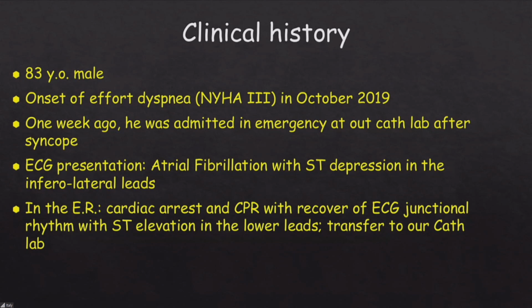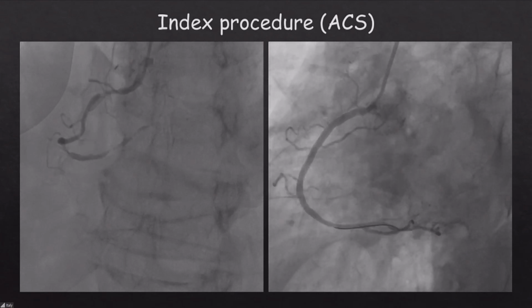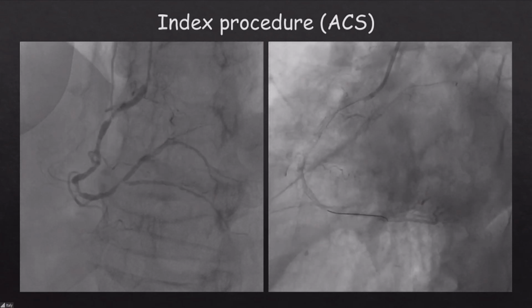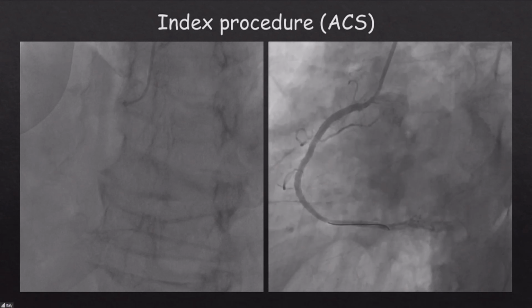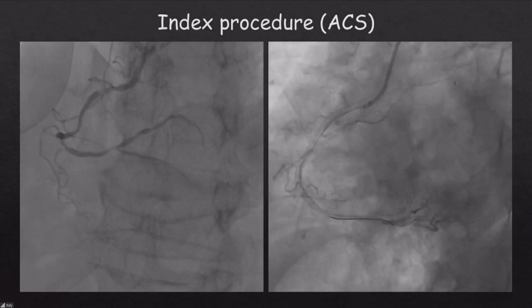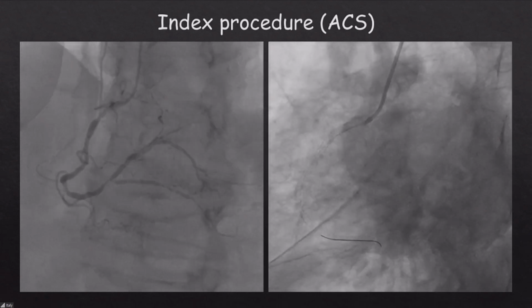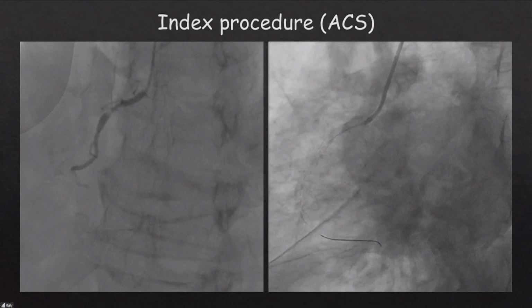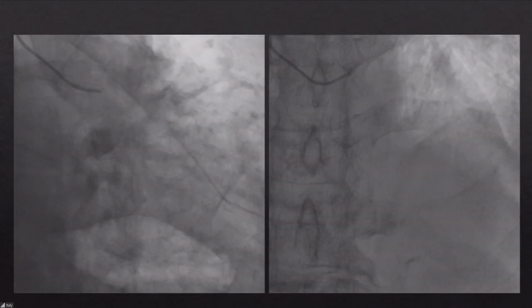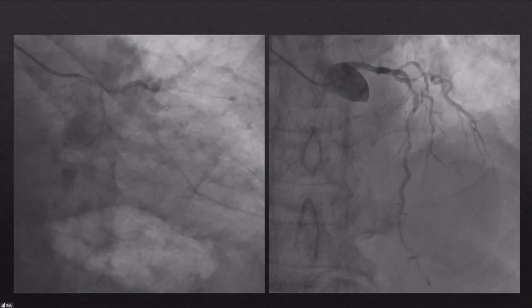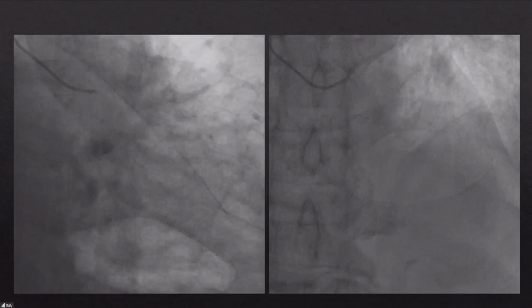So next, please. You can see on the left the clip of the right coronary artery during the ACS, and on the right side, the good result of the intervention. Can you go back? They need to see the result on the right corner.